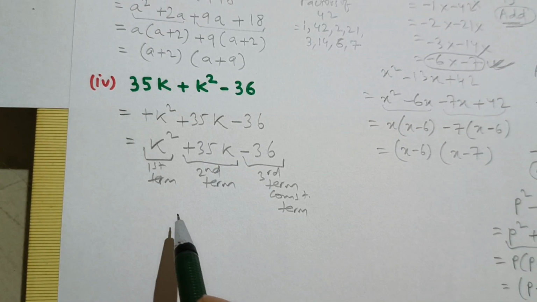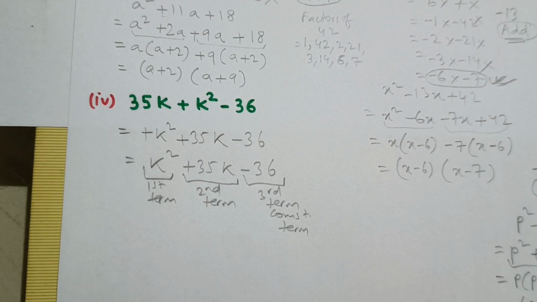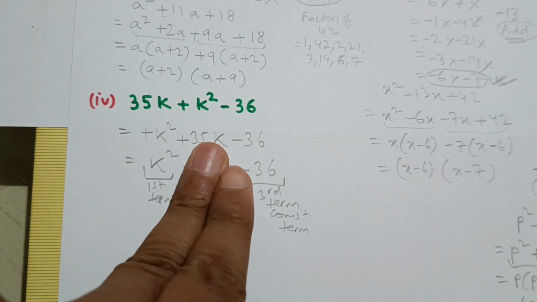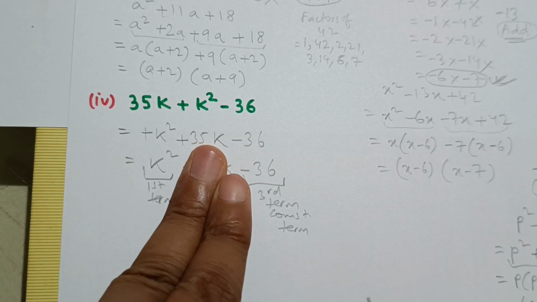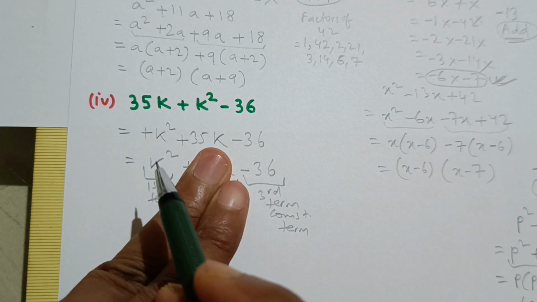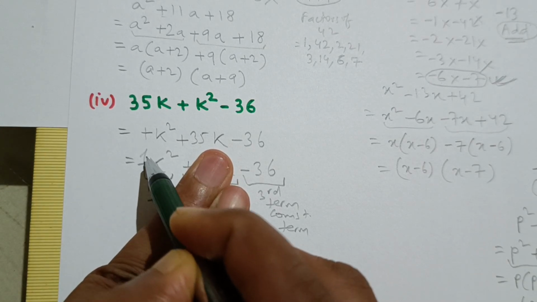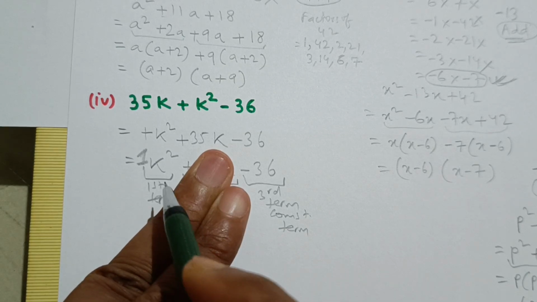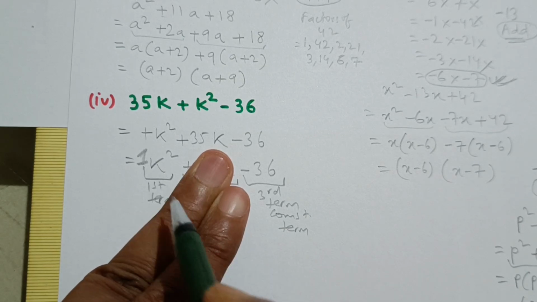Now, first what we will do is ignore this middle term, the second term. Look at the first term and the third term. The first term is k square. What is the coefficient of k square? 1. The coefficient of k square is 1.